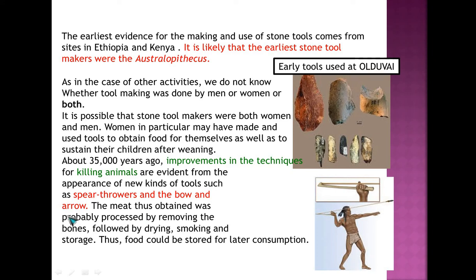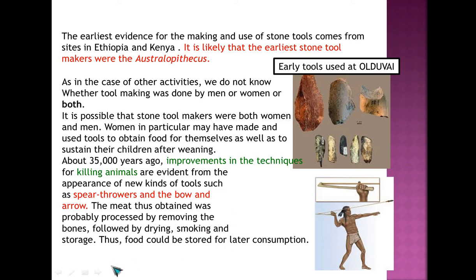Do you know that tribals even exist now in different parts of the world, and they are very skilled in using spear throwers, bow and arrow, and it is even taught in schools these days, right? So the meat obtained through these hunting techniques was processed by removing the bones. They had to remove the bones manually, then dry it, smoke and store it.